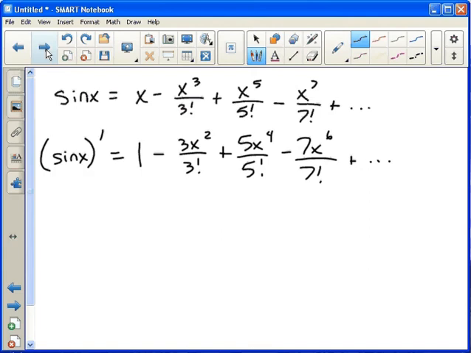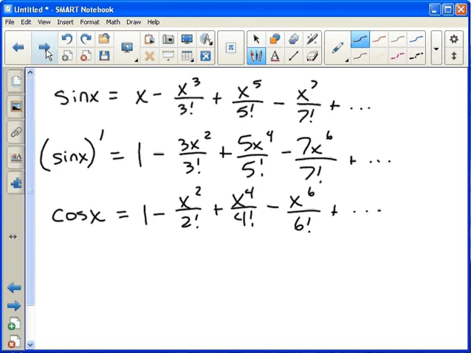And using the same method we were before of reducing those factorials, you'll get 1 minus x squared over 2 factorial plus x to the 4th over 4 factorial minus x to the 6th over 6 factorial, and so on. And that should be familiar to you as one you've got memorized, and that is cosine x. Which again, we know the derivative of sine x is cosine x, so it makes sense that if we take the derivative of its Taylor series, we can get that.